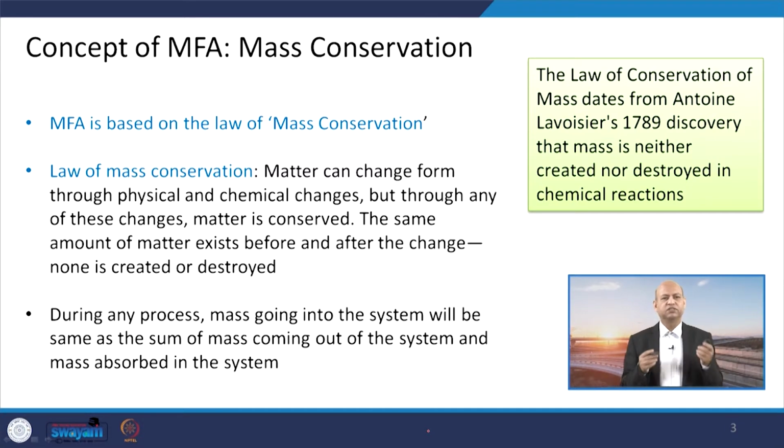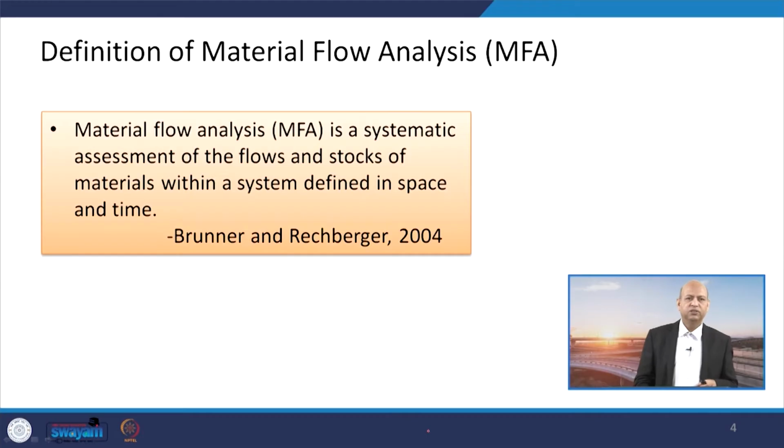Total mass conservation can be defined in that way, because mass is neither created nor destroyed, but it transforms from one state to another. This is MFA, and we use it as a systematic assessment, when we break the total system into small subsystems, flows and processes. So this is a systematic assessment of the flows and stocks.